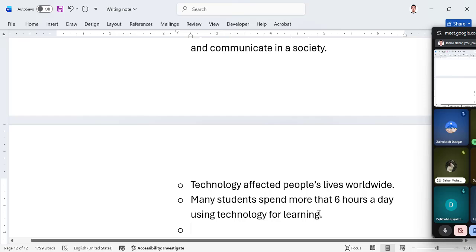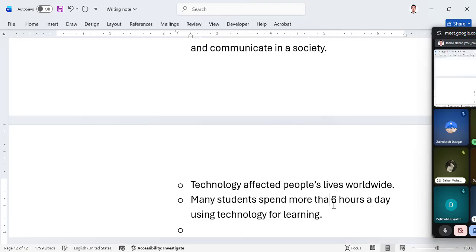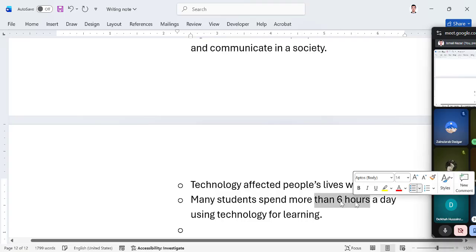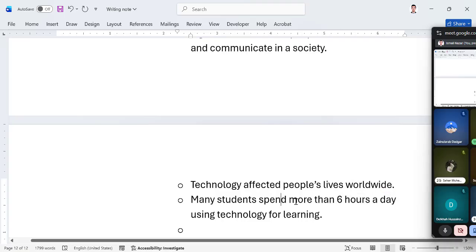Look, here when we say many students spend more than 6 hours a day, it is usually a specific statement. Okay, the specific time, if it is very specific, that's not a hook. Here we can say many students spend more time using technology for learning than in the past.